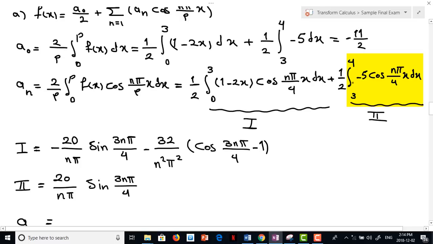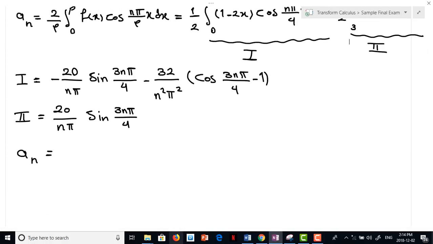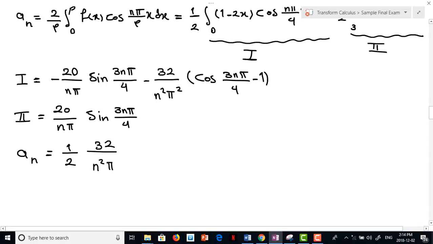If you add them together, you're going to see that an is equal to 1 over 2 times 32 over n squared pi squared times (1 minus cosine(3n pi divided by 4)).